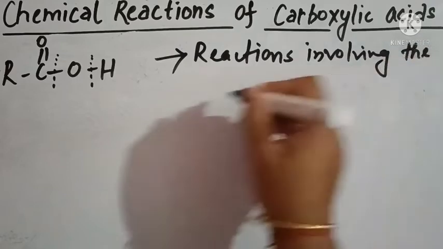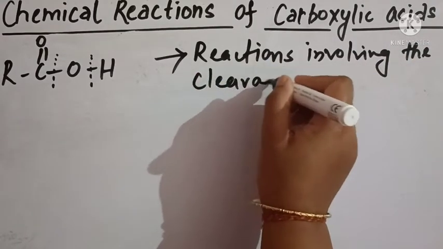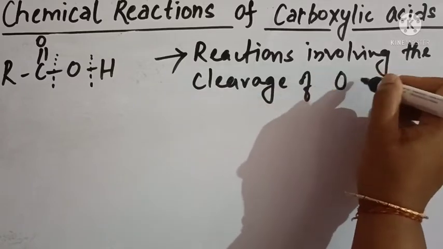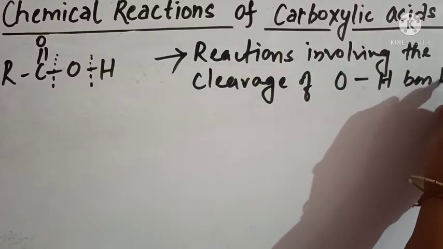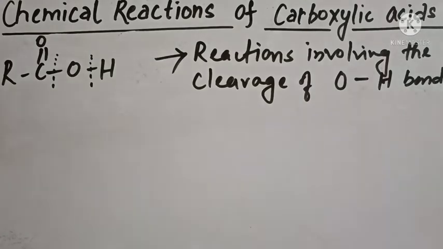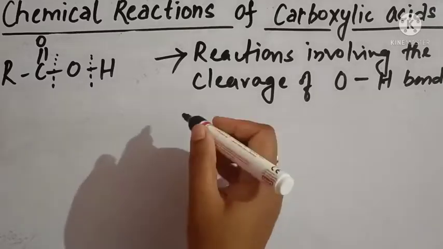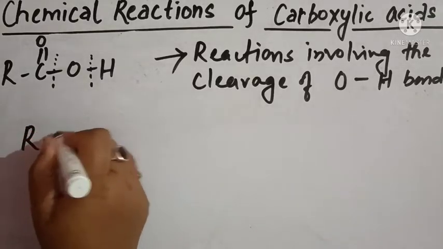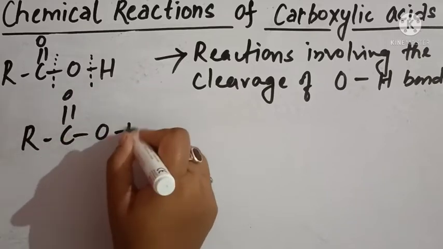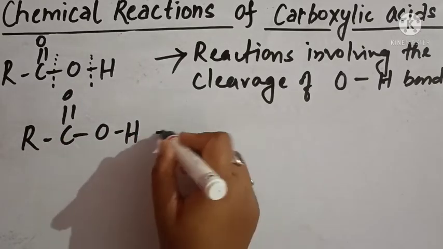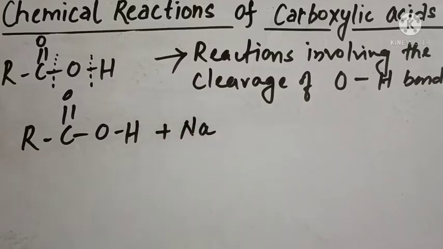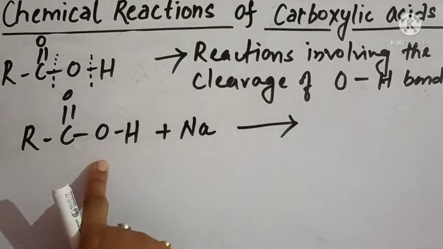involving the cleavage of oxygen and hydrogen bond. In this kind of reaction, the carboxylic acid is treated with a metal, for example, I am just writing the general one, when it undergoes reaction with sodium, as this is an acid.